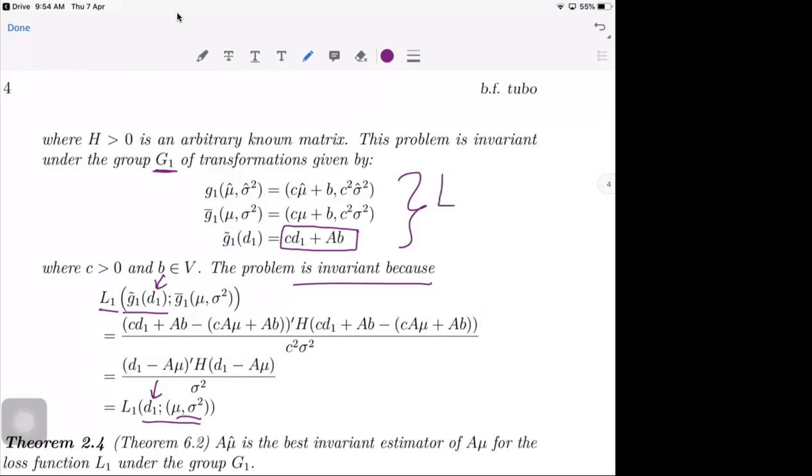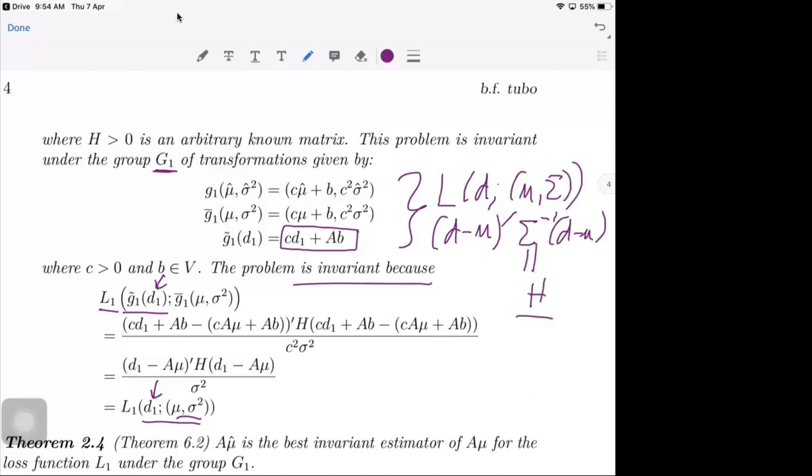So ang loss function L of D, mu, sigma is D minus mu prime sigma inverse D minus mu, but ang atong sigma inverse din gina-consider is H over sigma squared.